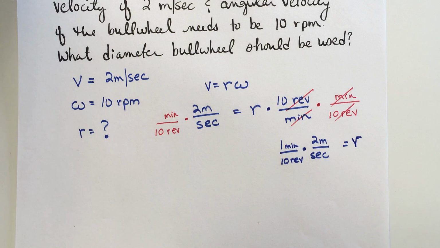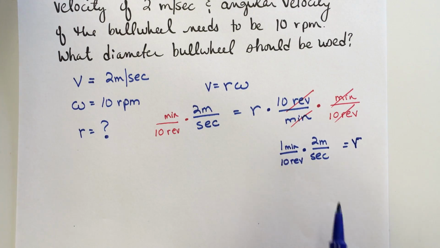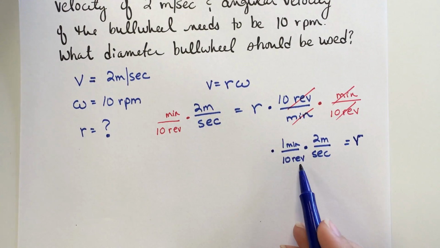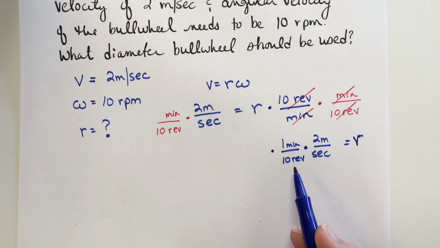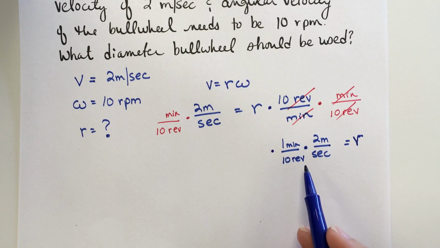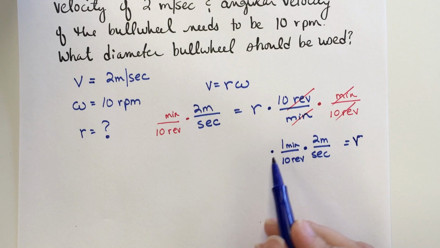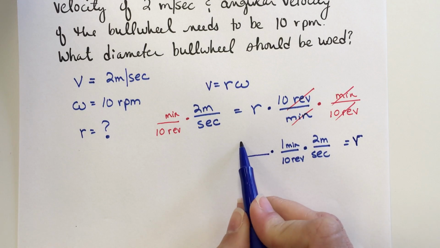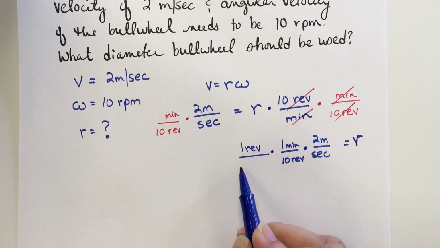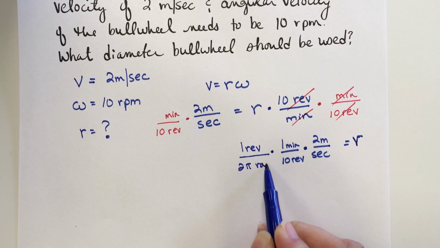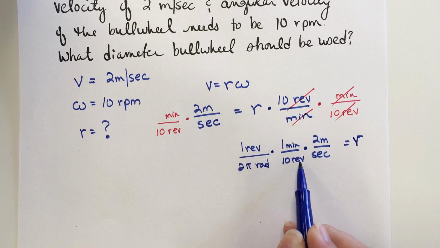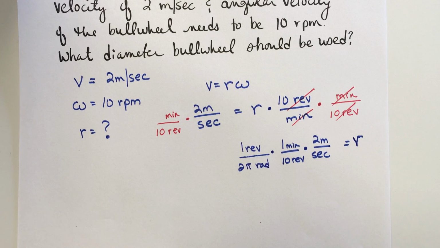Now, let's talk about the conversions that we've got to take care of. So you've got the revolutions per minute, so let's go ahead and take care of that conversion. Now, because of me having to multiply by the reciprocal this time, the revolutions has ended up on the bottom, so you need to put the 1 revolution on the top and the 2 pi radians on the bottom so that you can get those to cancel out, okay?